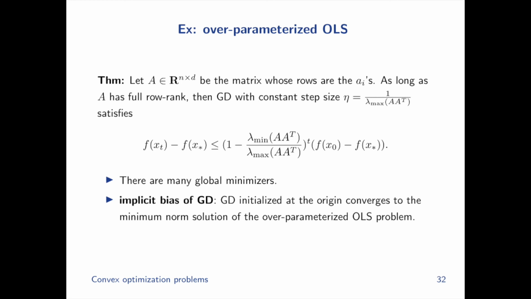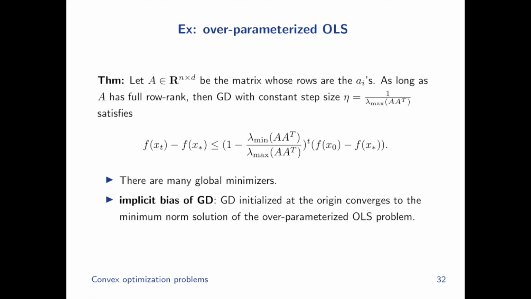It's that gradient descent in this case really only operates in the subspace in which there is curvature in the objective function. It's not super hard to see this just by looking at the gradient, because you notice that if I have this objective function, the gradient is always in the range of A transpose.